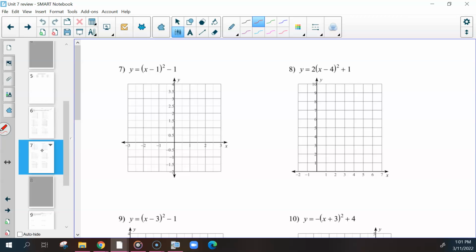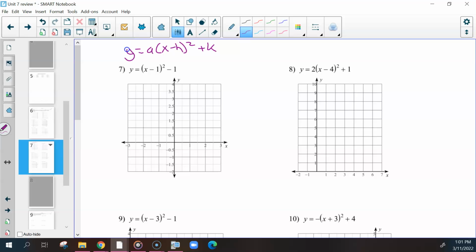So I'm going to rewrite this above one of these so you see the letters that correspond to this. Y equals a, and then in parentheses, x minus h squared plus k. Could be minus k, it doesn't matter.